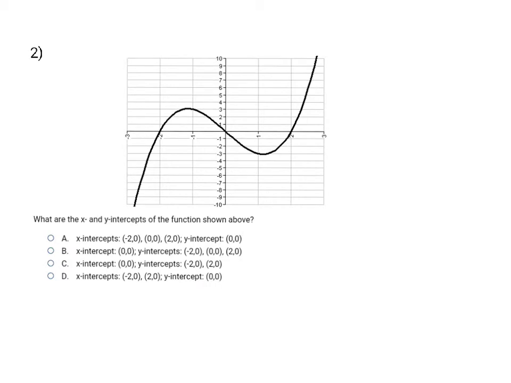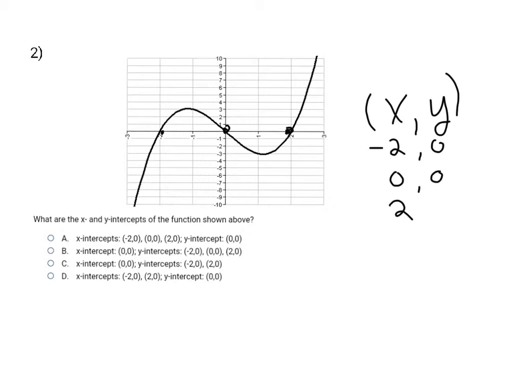This graph wants to know what are the x and y intercepts of the function above. My x intercepts are going to be negative 2, 0, and 2. Remember, when you have a point, it's always x and then y. So I need to have negative 2, 0, and 2 as my x numbers, and then the 0 is going to be for my y coordinate.